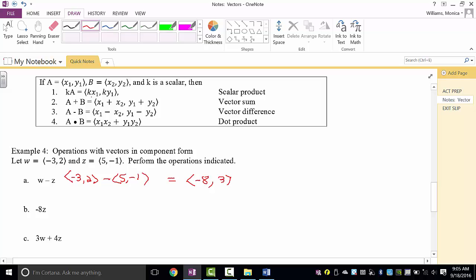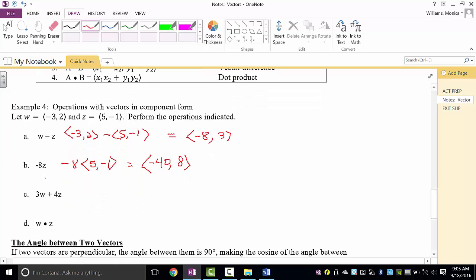Multiplication, it's like the distributive property. You multiply the negative 8 by everything in the inside of your brackets. Okay, we have 3 times vector w plus 4 times vector z.